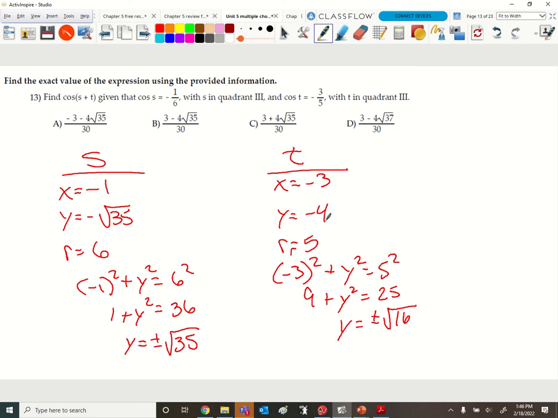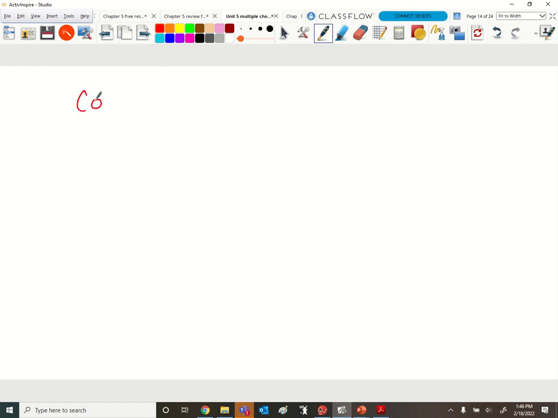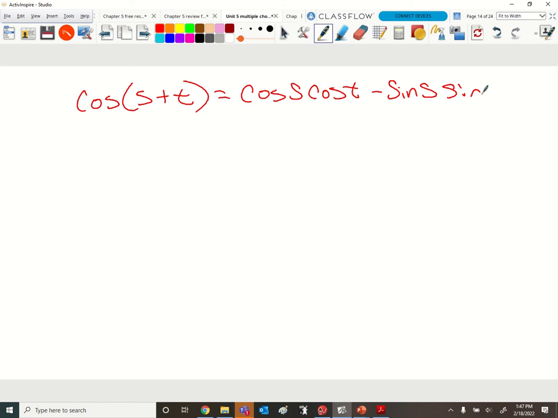All right, you guys ready at least? So I'm going to do my formula now. It says we're trying to find cosine of S plus T. I'm using some more paper on this one. So cosine of S plus T is cosine of S, cosine of T, minus sine of S, sine of T, right?